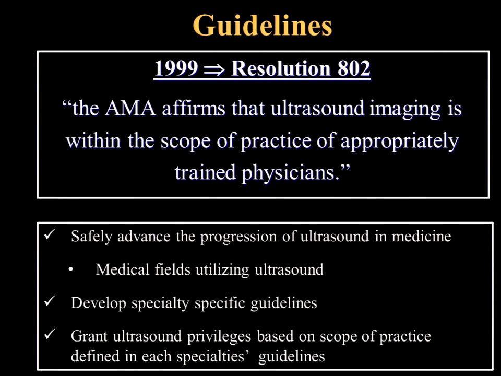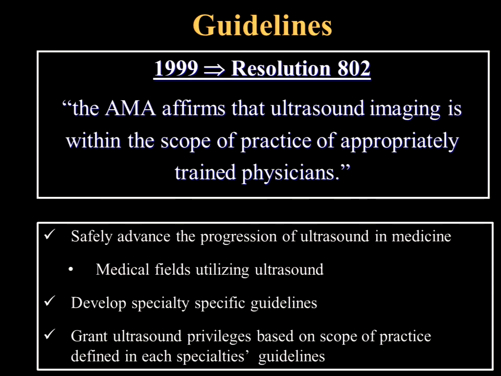So for some of us that work in the United States, the AMA in 1999 had Resolution 802, which affirms that ultrasound imaging is within the scope of practice of appropriately trained physicians. And really what they wanted to do was safely advance the progression of ultrasound in medicine, and also medical fields utilizing ultrasound, develop specialty-specific guidelines, and that's really where we came with these guidelines, is that we wanted to develop specialty-specific guidelines for chronic pain management.